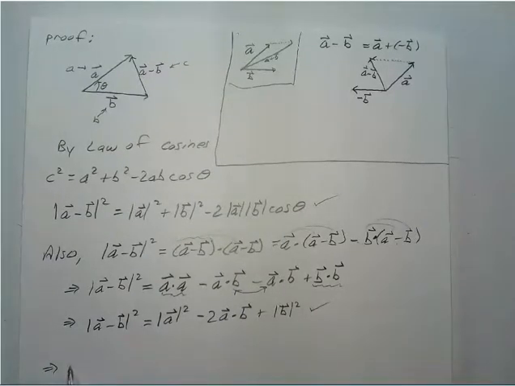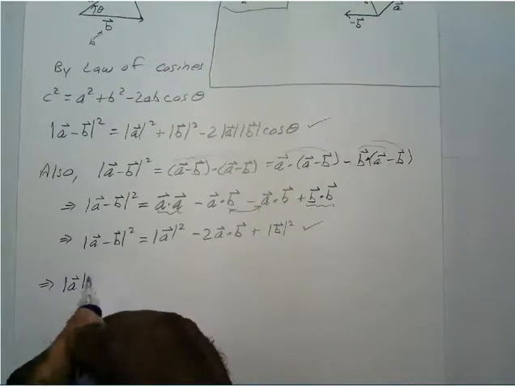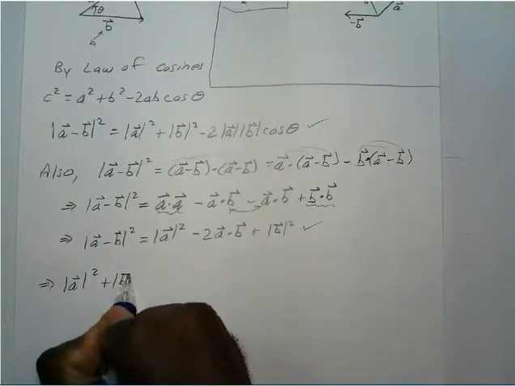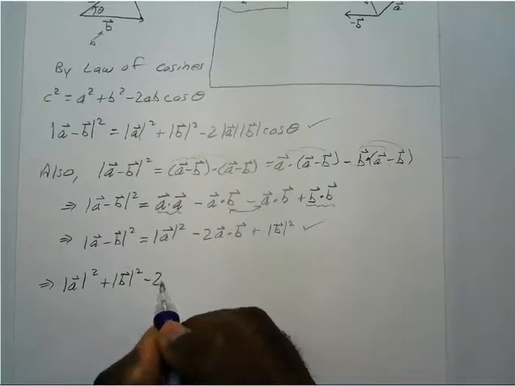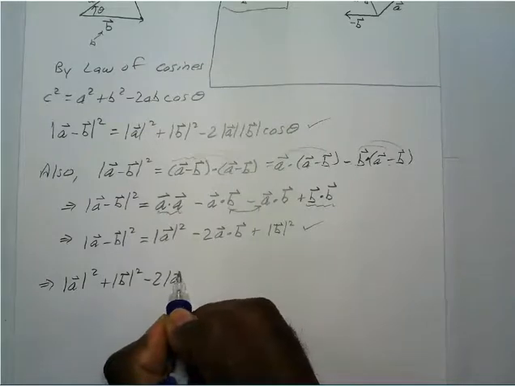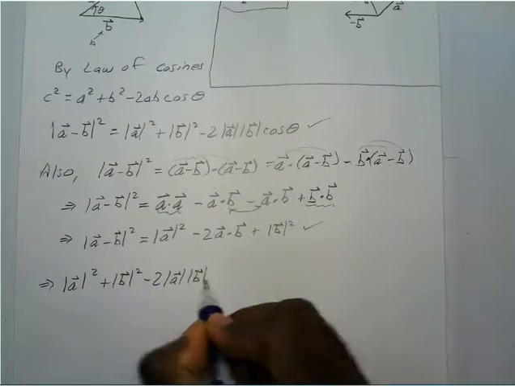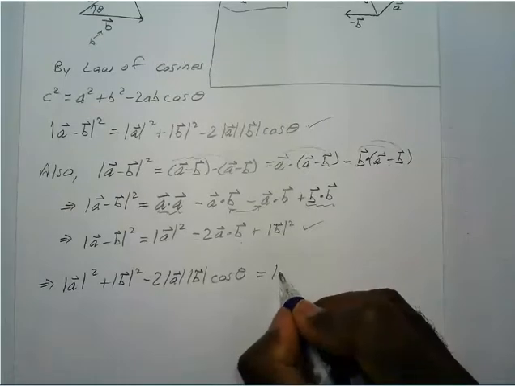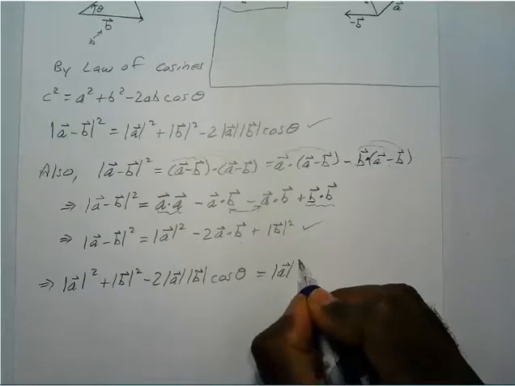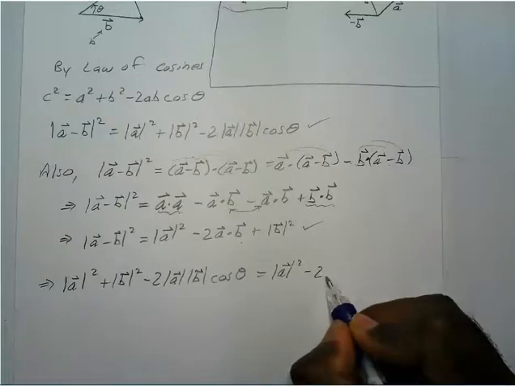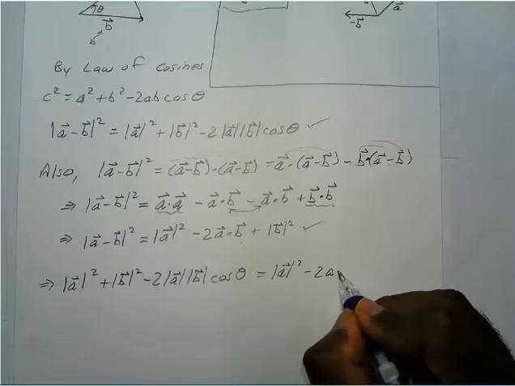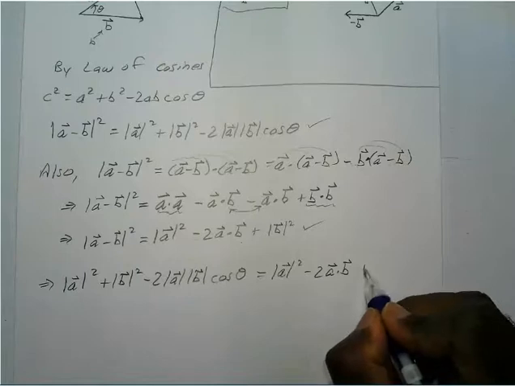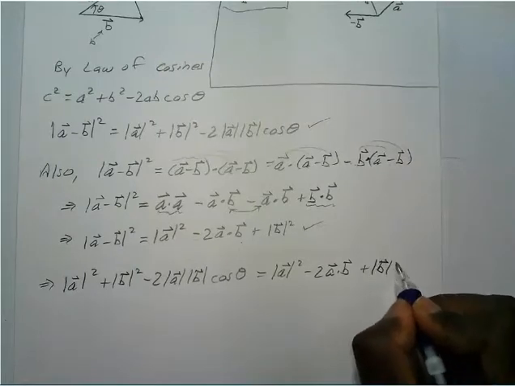So the magnitude of A vector squared, plus the magnitude of B vector squared minus 2 times the magnitude of A vector, magnitude of B vector cosine theta, is equal to this here, which is the magnitude of A vector squared minus 2 times the dot product of A and B vector plus the magnitude of B vector squared.